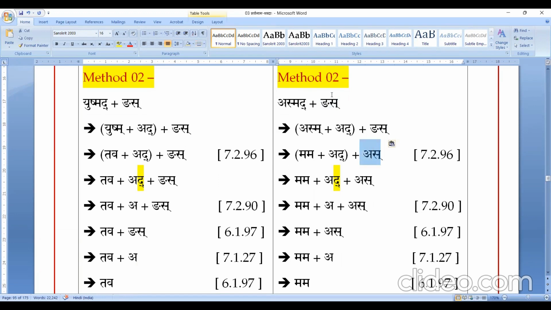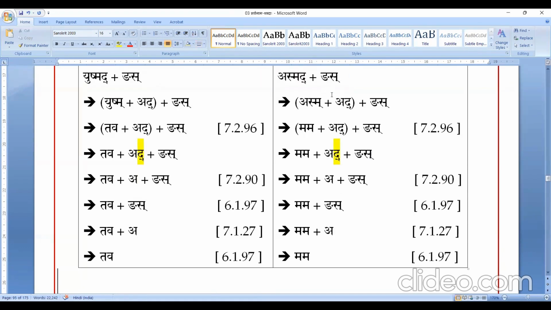By that sutra, Mama is the Adesha in the place of Ma Paryantasya Asmad Shabda. Then by Alontasya, Sheshe Lopaha, Dakarasya Lopaha, having done Lopa, Mama plus A is Atogune. Mama plus Nas is there, and Nas will be replaced by Ash, Shitvat Sarvasya Sthane, therefore Akara. Mama plus A again Atogune, Mama.